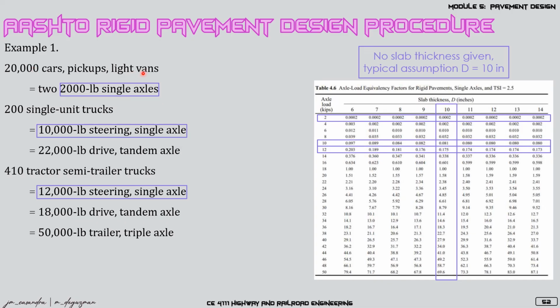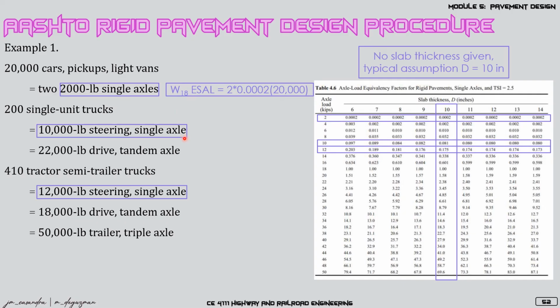For cars, pickups, and light vans, we'll have 0.002 times the number 20,000. And considering we have 2,000-pound single axles, we have to multiply it by 2.